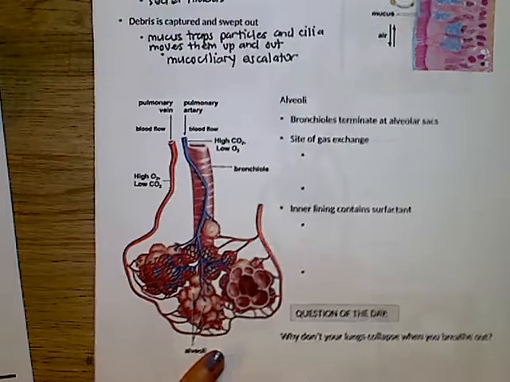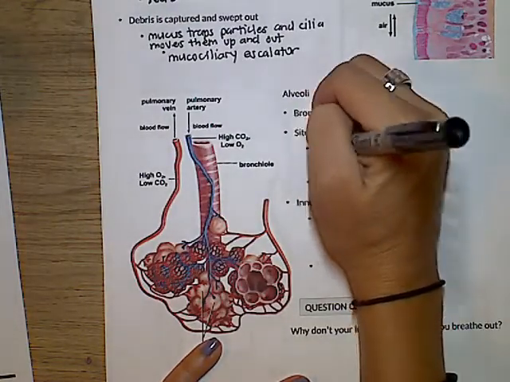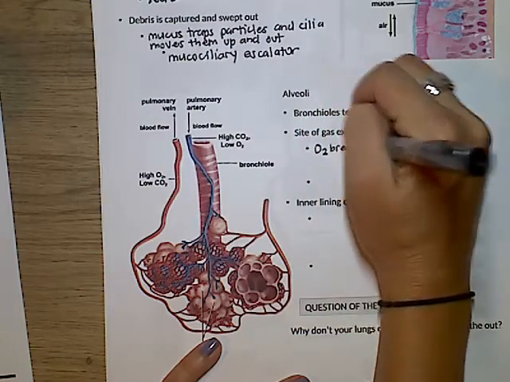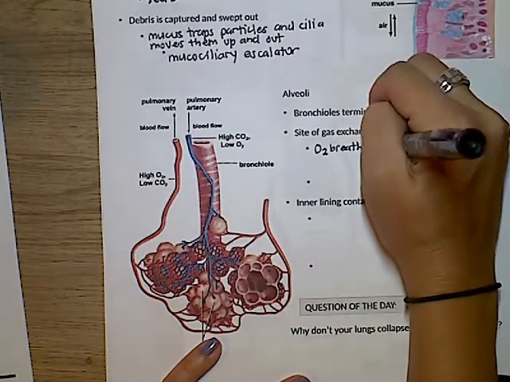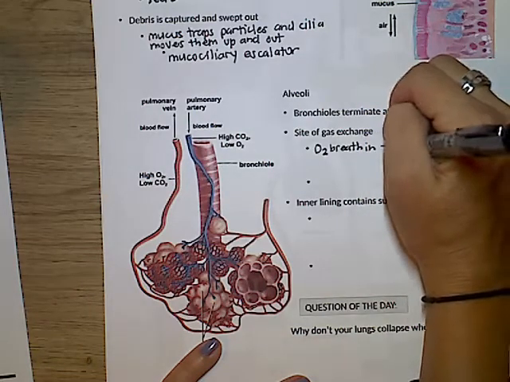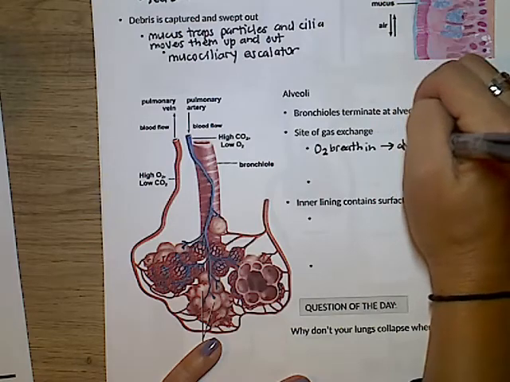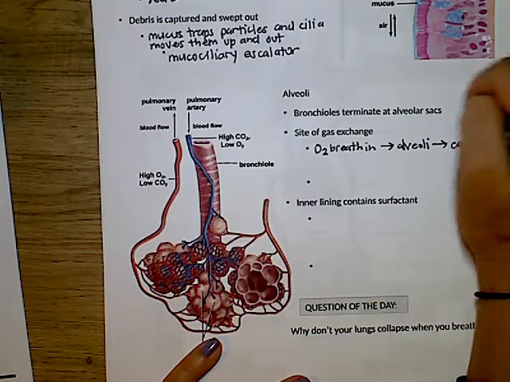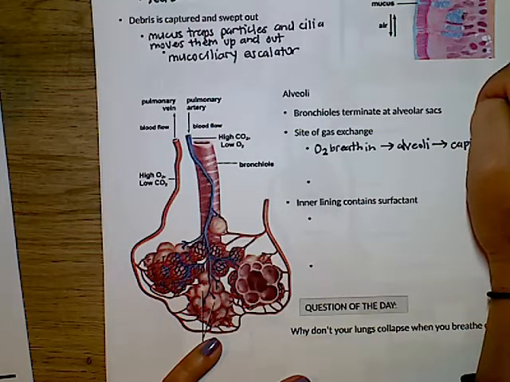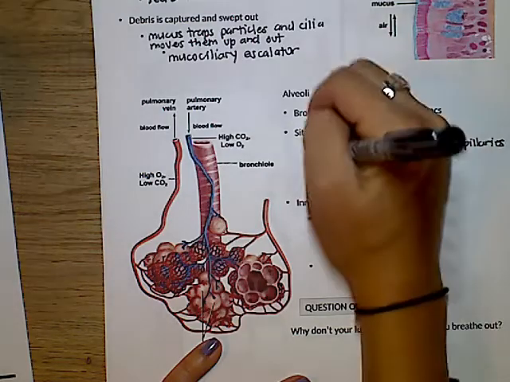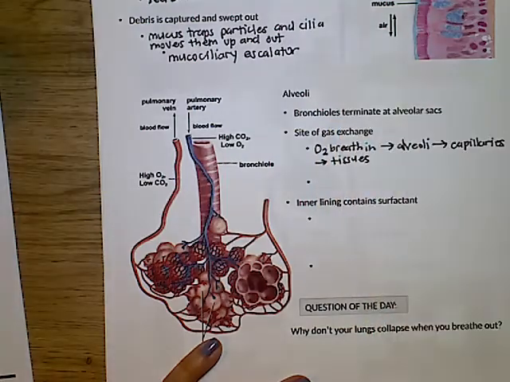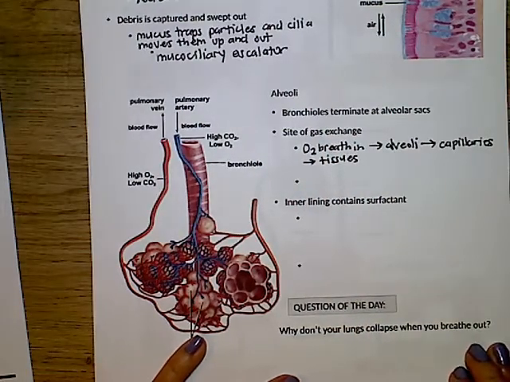What happens is you breathe in oxygen gas. This will end up at the alveoli, which lead to the capillaries, and then to the tissues where your cells are, so they can take that oxygen in for, you guessed it, cellular respiration.